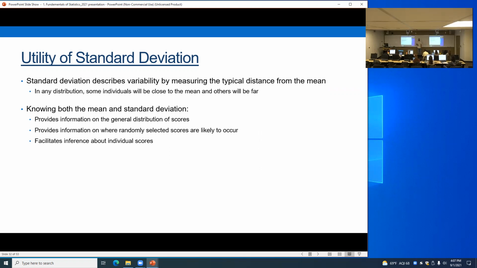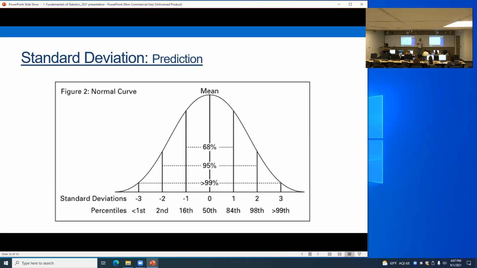In any type of distribution, some people are going to be close to the mean. Most people should be close to the mean, but some people are going to be farther and farther away as we get out on those tails. But if I know both the mean and standard deviation of a distribution, assuming it's following some sort of natural or normal curve, I can start to make inferences about the likelihood of a score. Going back to undergrad statistics, we know there are certain marks on the normal curve.